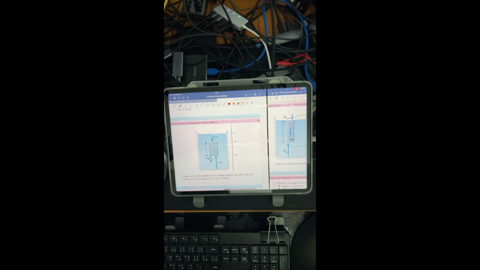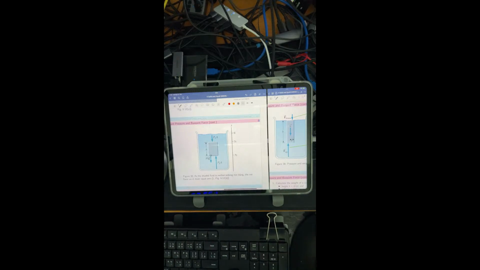P2A is the product of the pressure at this level Y2 times the area at this level. As the shaded fluid is neither sinking nor rising, the net force on it must equal 0. The total force P1A plus mg should be equal to P2A.